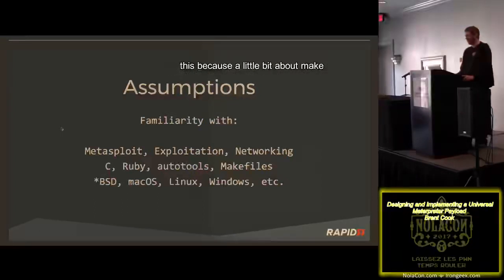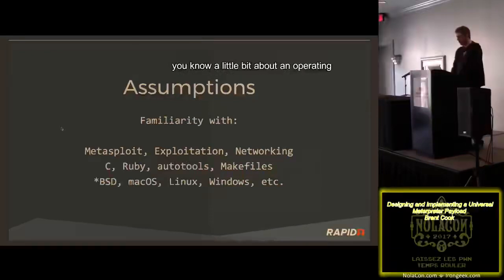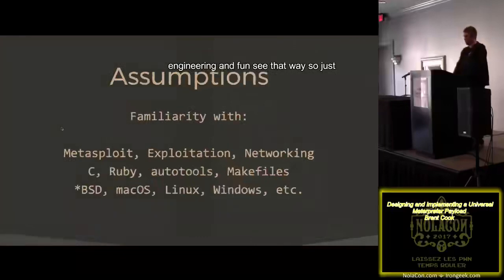You don't have to know a whole lot of Ruby for this. We're going to talk a little bit about makefiles and things like that too, and that's very exciting. If you've ever built any kind of software, you might have used a makefile before. If you know a little bit about an operating system, it's also really nice to know what a system call is, what a library is, that sort of thing. And we're going to talk a little bit about exploitation, but not a whole lot. Mostly we're going to talk about software engineering and fun.